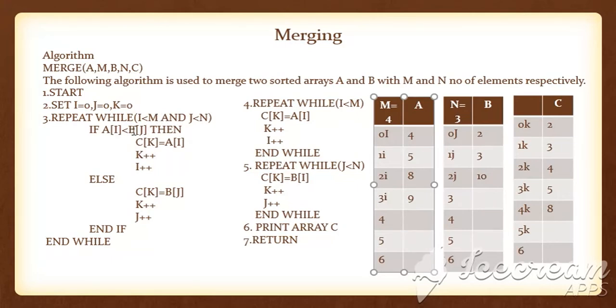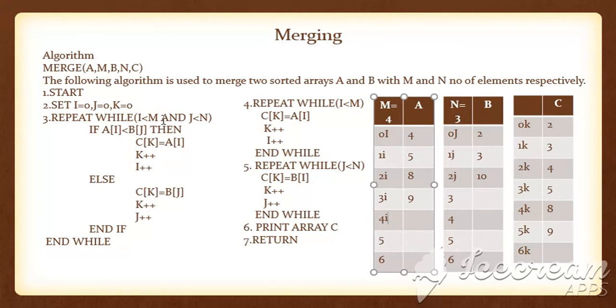Condition is true. And a of i, that is 9 less than 10. So the condition is true here. So 9 will be placed onto C and k will be incremented to 6 and i will be incremented to 4. Again the condition gets evaluated.